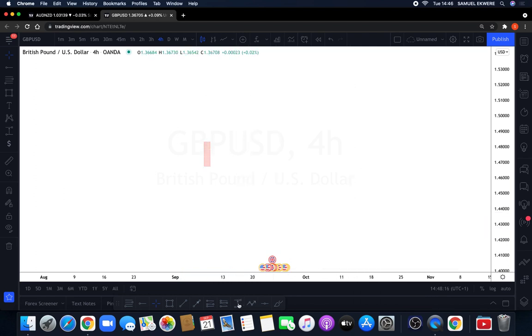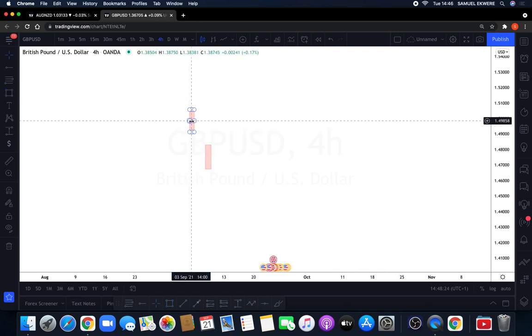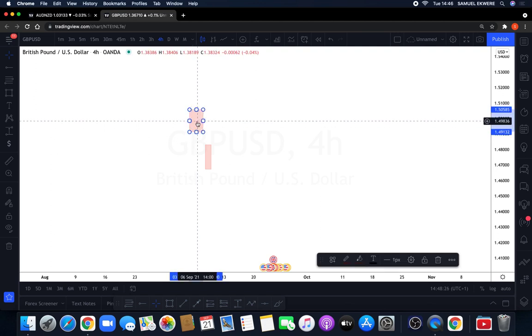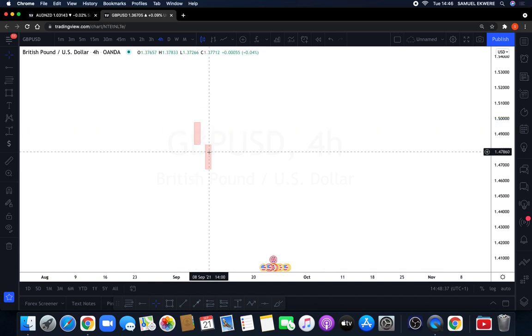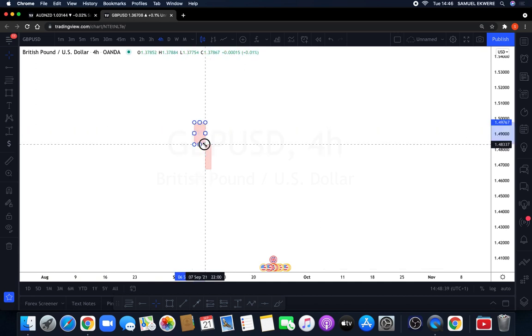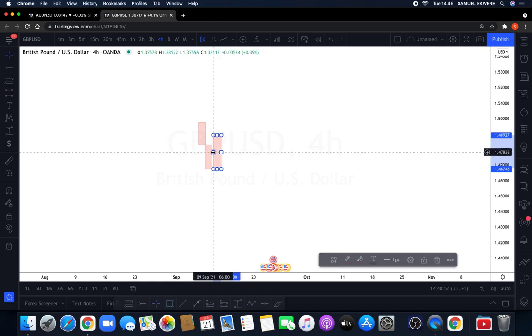Assuming we have something like this, let's say we have something like this in a downtrend or a swing low.